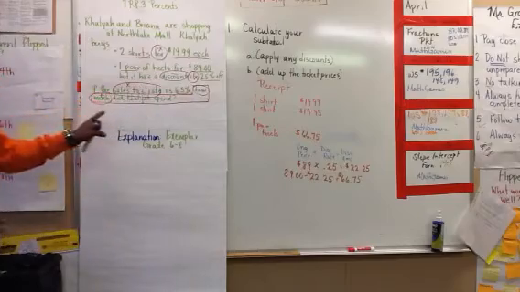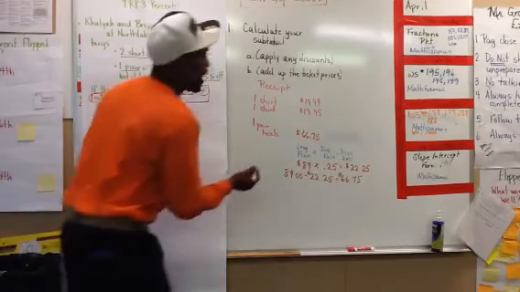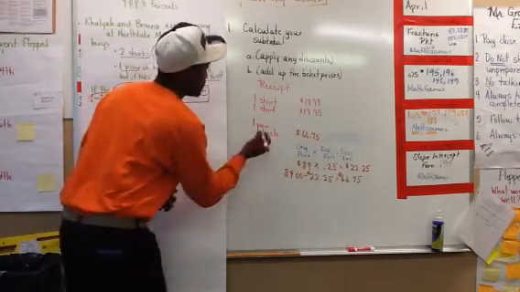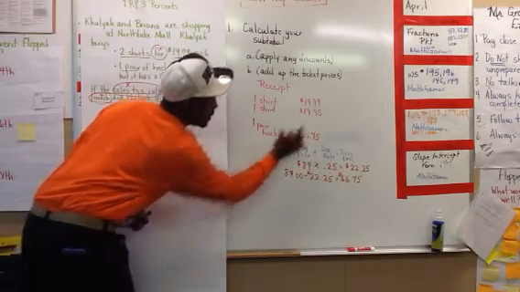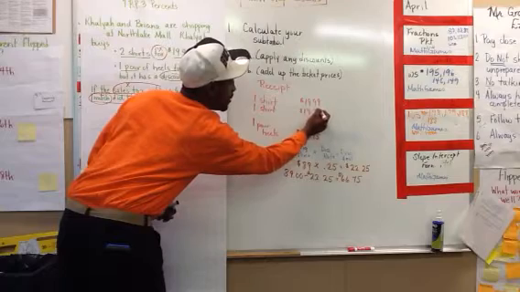Did she buy anything else? No. Now I can find my subtotal. So when I do, and that's supposed to be a 9. Why y'all let me do that?